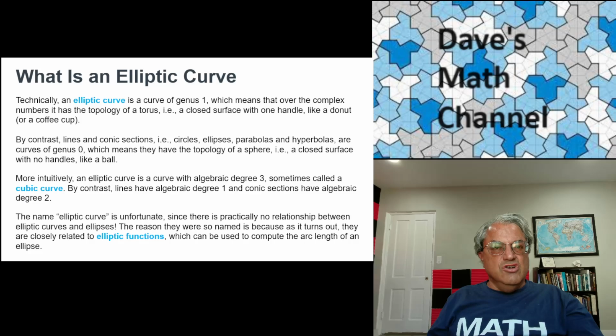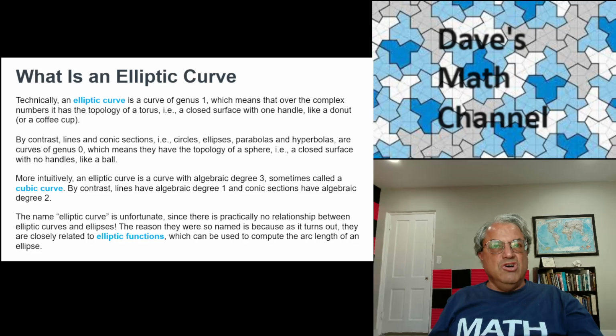So a curve over the real numbers is one-dimensional, but a curve over the complex numbers turns out to be two-dimensional. And you could talk about the topology of a two-dimensional surface. The simplest topology of a two-dimensional closed surface is a sphere.